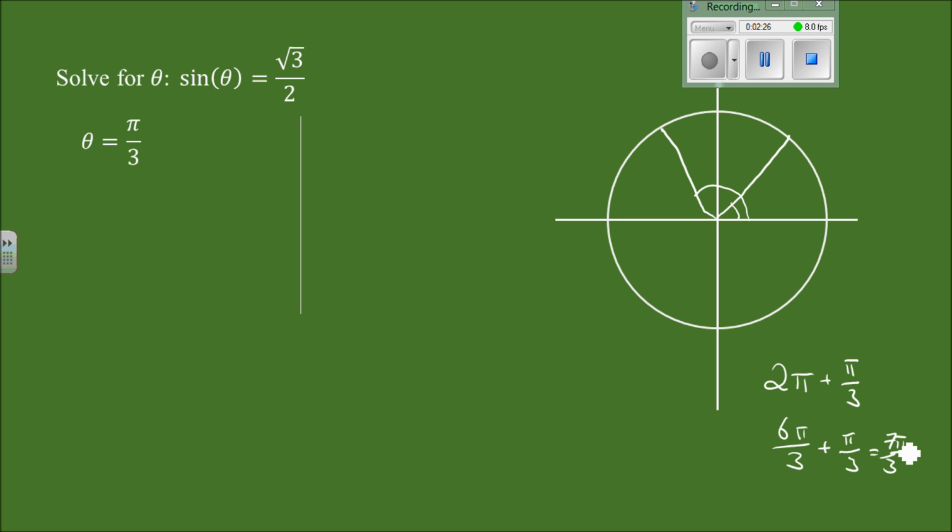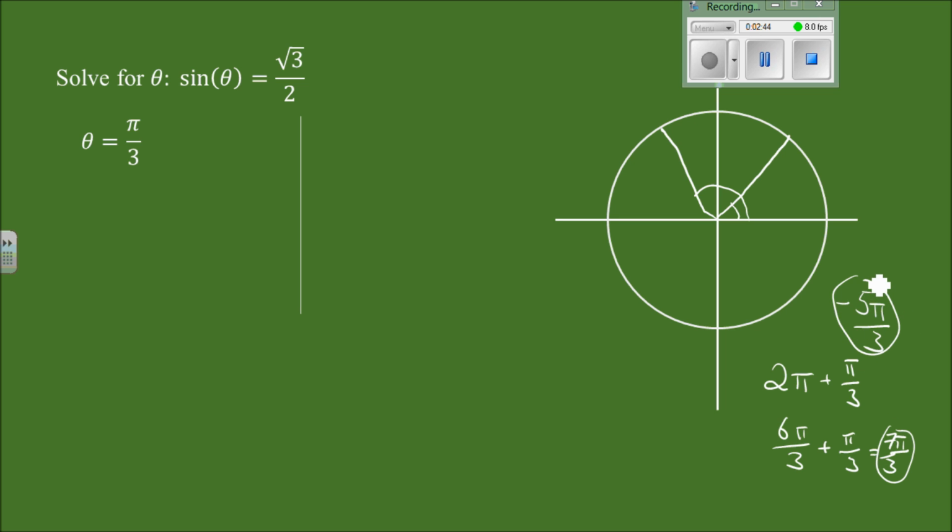Also, you could go backwards around, so starting here and going backwards, and that would get you minus 5 pi by 3. So these two are also solutions.